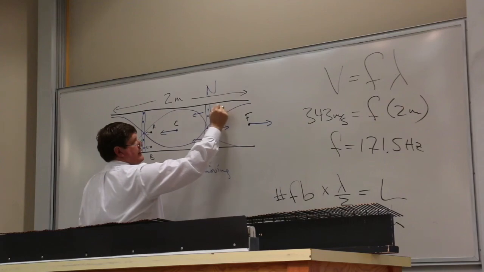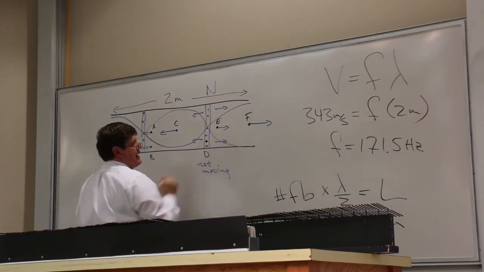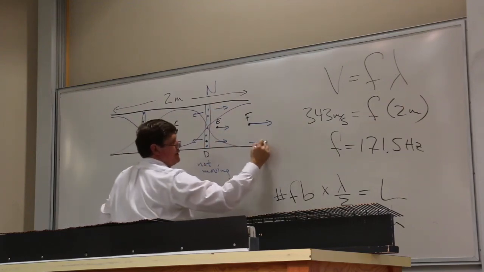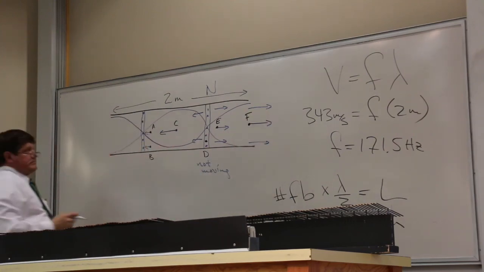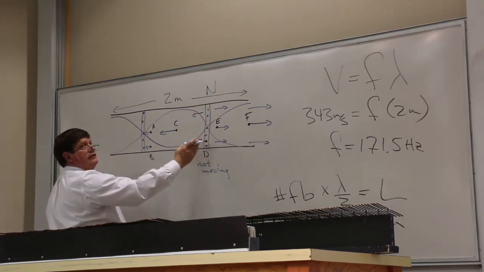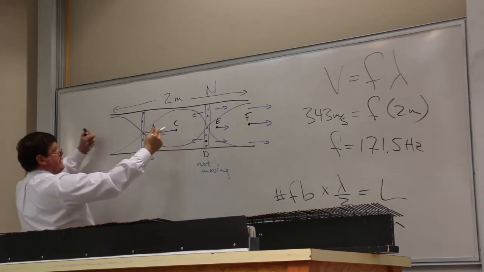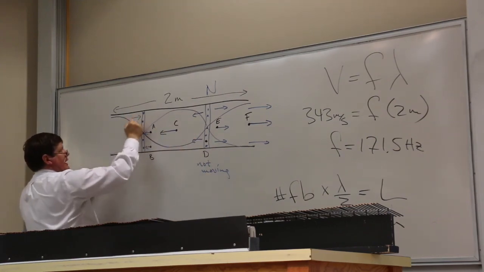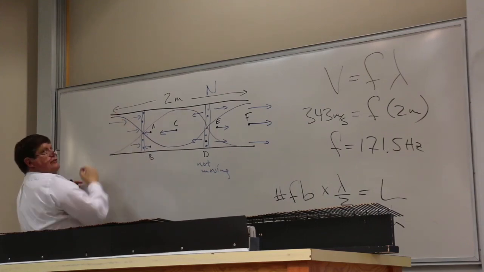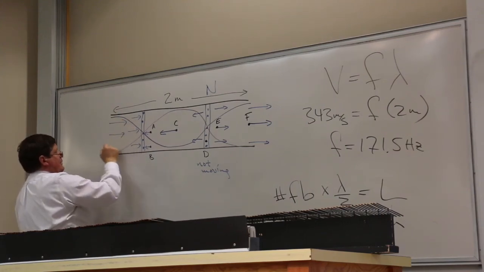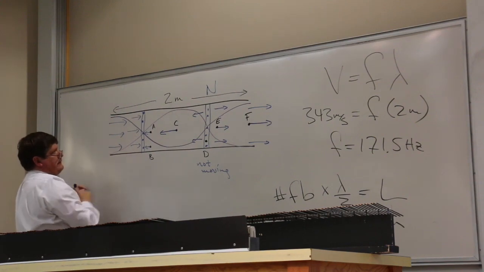I'd have particles over here that would be going like that. This particle would be going like that and like that. Now, if this node is being deserted when we took the picture, this one's being crunched from both sides. And the closer I am to an antinode, the bigger the displacement. Okay?